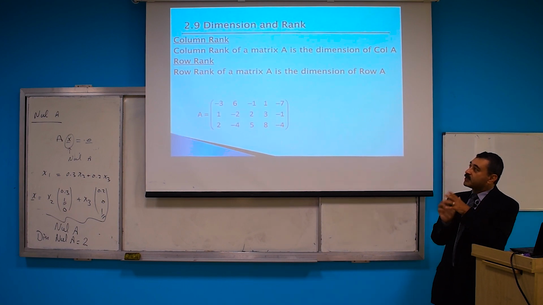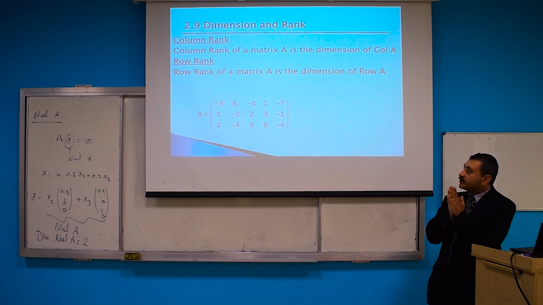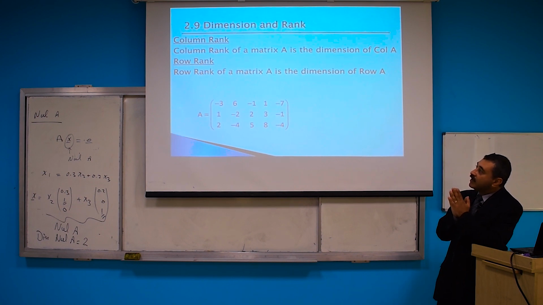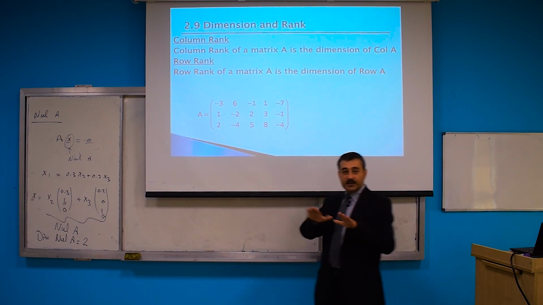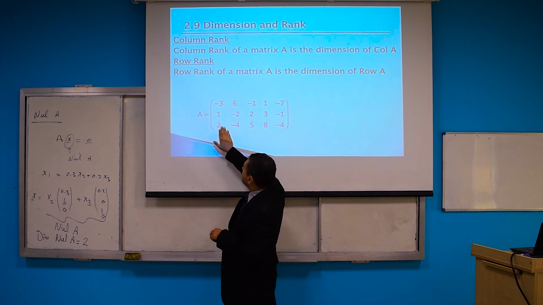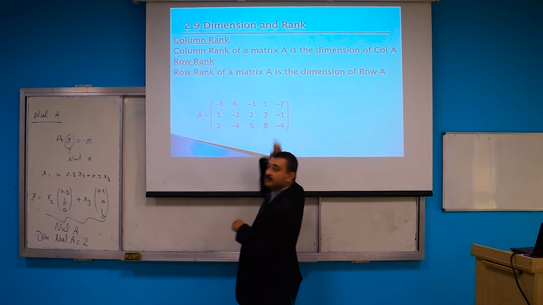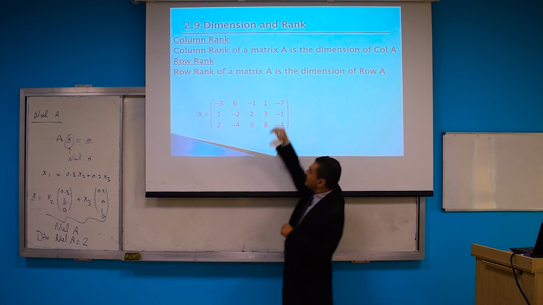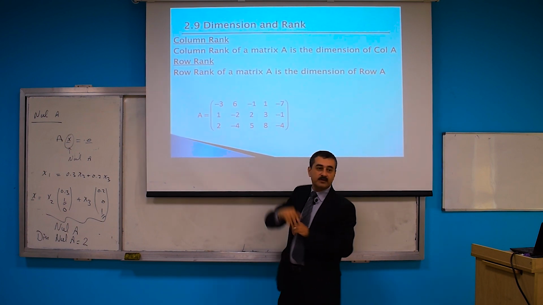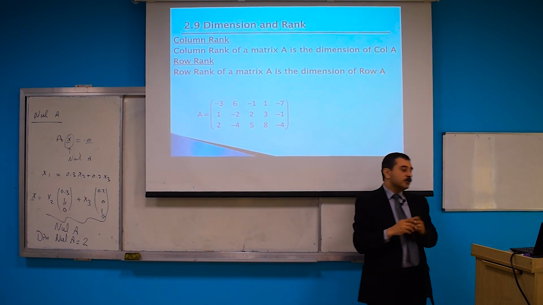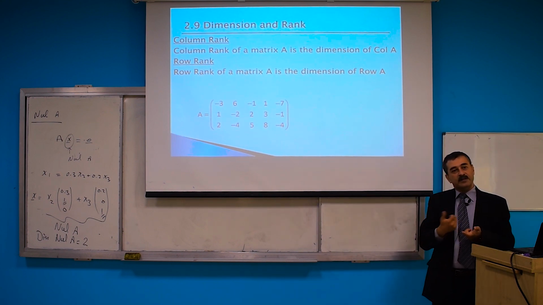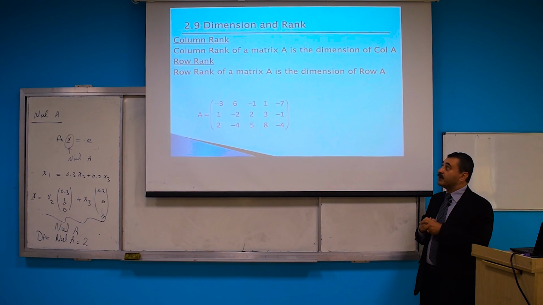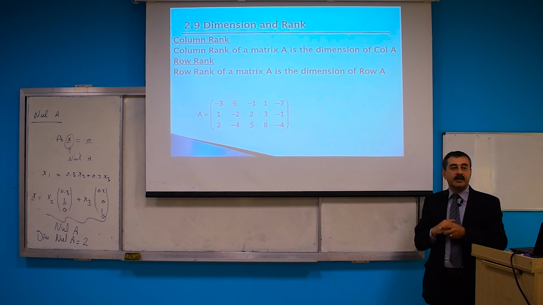Okay, if you remember this problem, we solved it in the previous lecture. We want to find the row space and column space of this matrix. By definition, the column space is the span of these vectors, and the row space is the span of these vectors. I want to find the dimension of these spaces, that is, the row rank and column rank of the matrix.